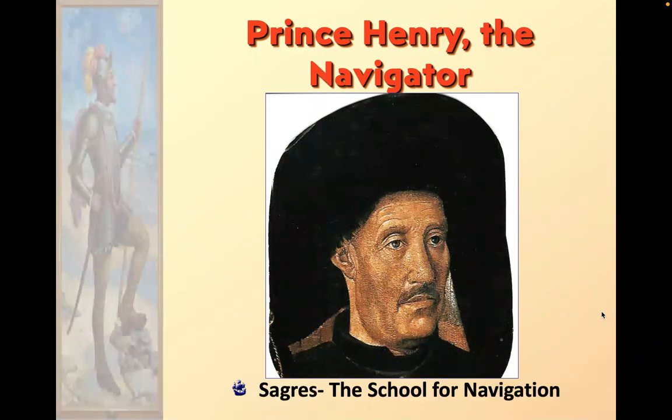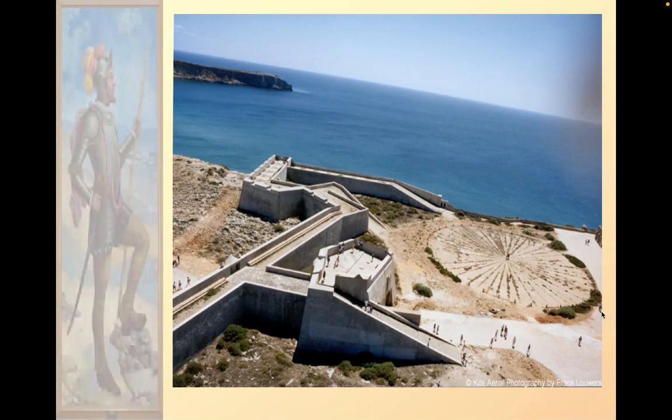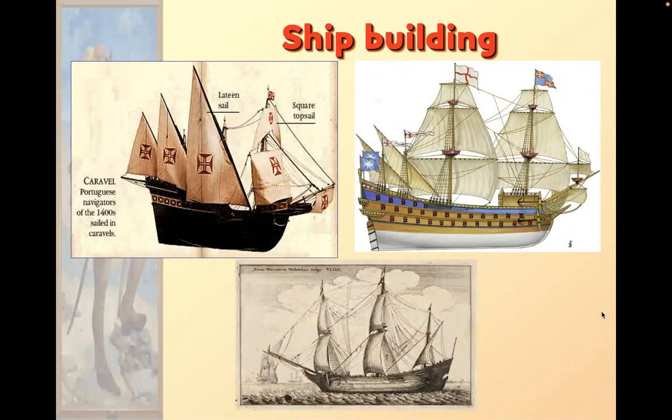A gentleman by the name of Prince Henry the Navigator creates Sagres, a school for navigation, not just to train sailors, but to bring together the best sail riggers, boat builders, map makers, and navigators to be in one place and to perfect it. This is actually a picture of where Sagres is today. So throughout this, they took the technology that diffused and created new technology.